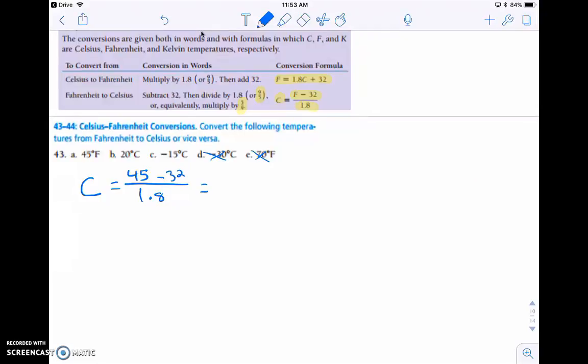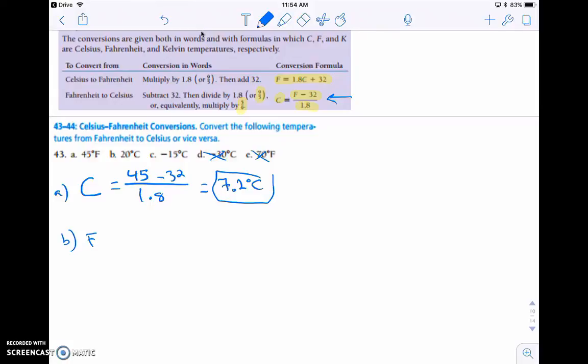And then when you do that in your calculator, you will get 7.2 degrees Celsius. So again, that's just using this formula right here. That's part A, and hopefully that makes sense. When you look at 45 degrees Fahrenheit, Celsius you would expect to be smaller. And that's one way to make sure that things are going well.